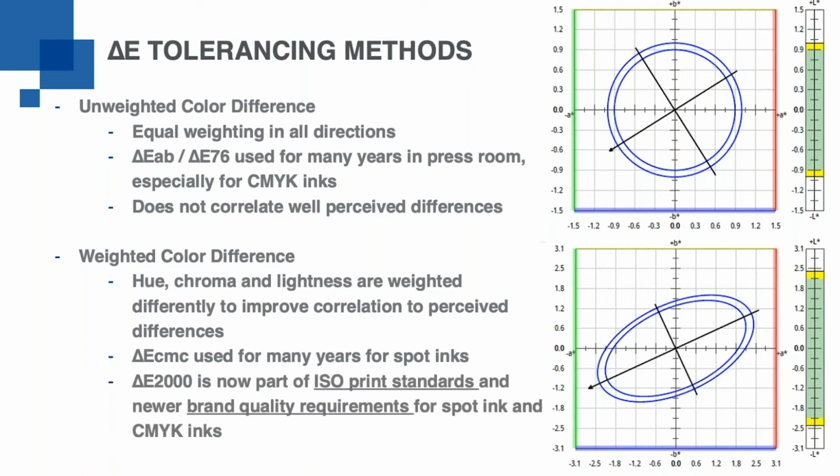More recently, delta E 2000 has become pretty much the standard in all of the ISO print standards and across a lot of brand quality requirements. It's used for spot inks and CMYK inks. So rather than having delta E CMC used for spot color inks and delta E 76 used for CMYK, everything is moving to delta E 2000. Makes it a lot simpler.